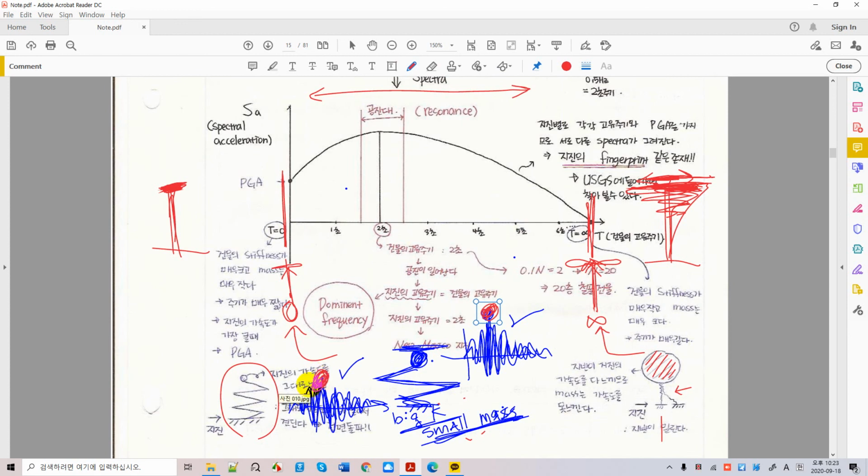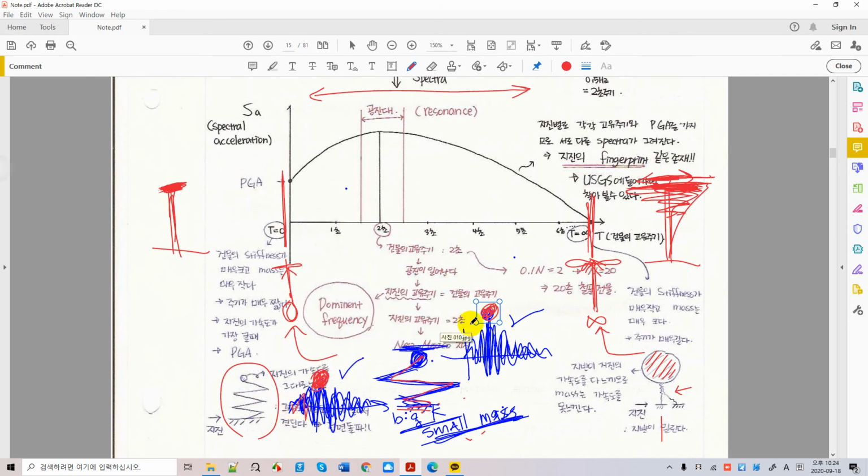So when the building is very stiff, the maximum value you can feel in your building is the same as the maximum value that the earthquake brings. Do you want me to explain one more time? When the building is very stiff, the maximum acceleration or velocity or displacement you feel on your building is exactly identical to the maximum value that the earthquake brings, right?